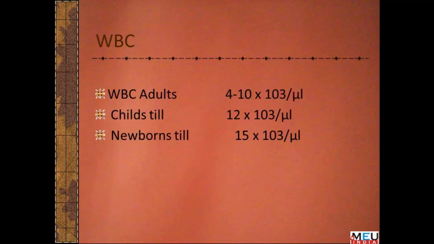In adults the WBC count is around 4,000 to 11,000, and in children it is 12,000, and newborns it is still higher, that is 15,000 or even 18,000.